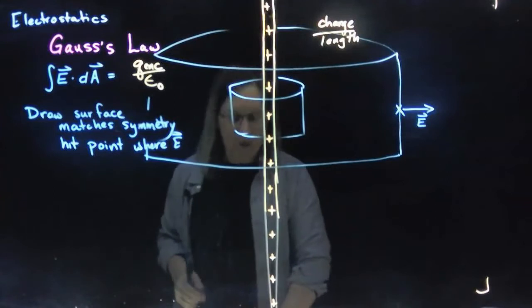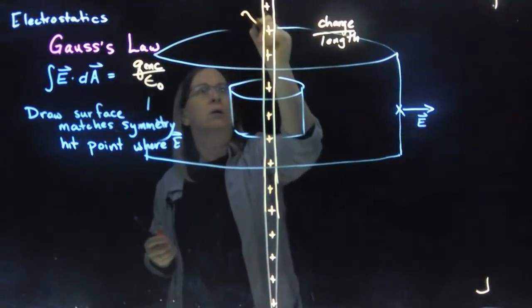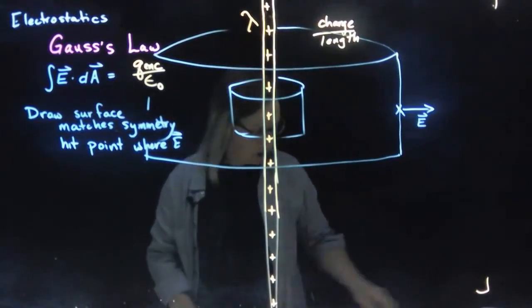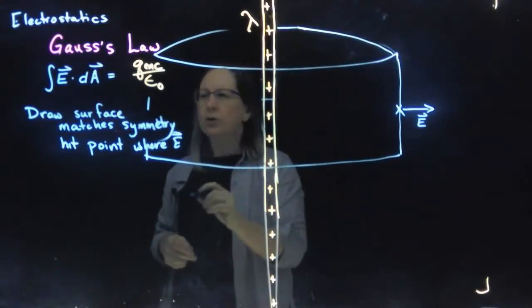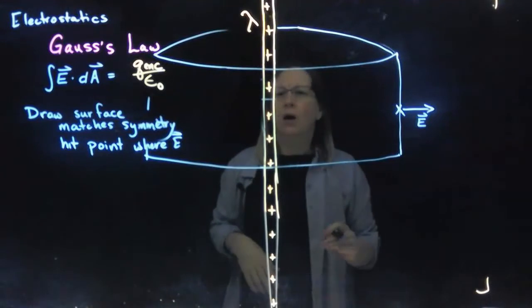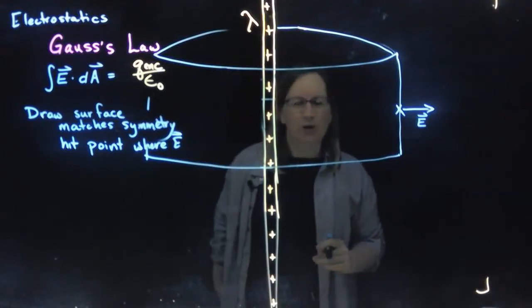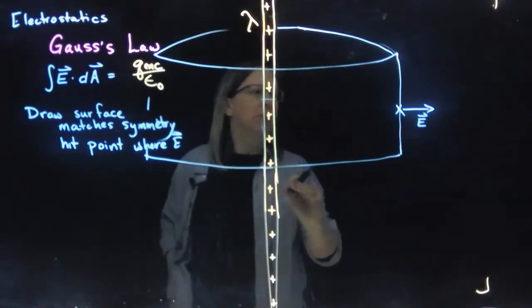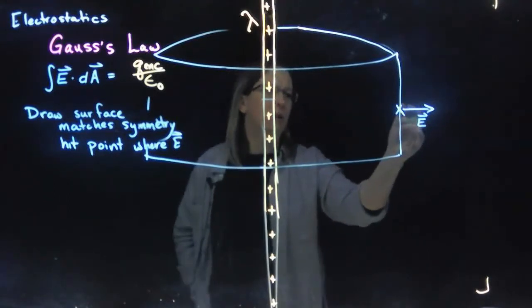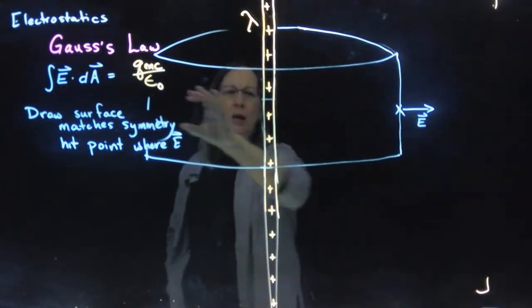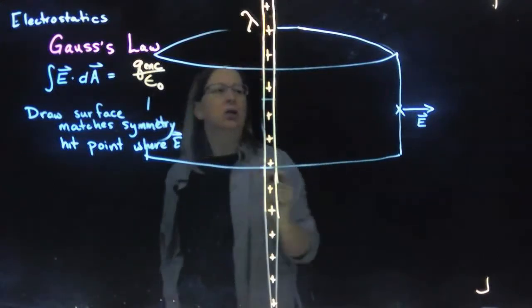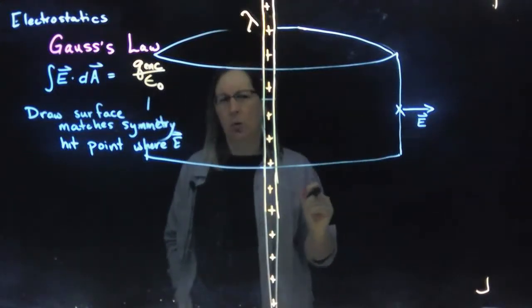Okay, and we still have our lambda, which is our charge per length. So here's our mythical surface, and I've gotten rid of our smaller surface. I want it centered because I want the electric field everywhere along this outside ring of the cylinder to be the same distance away from the ring.